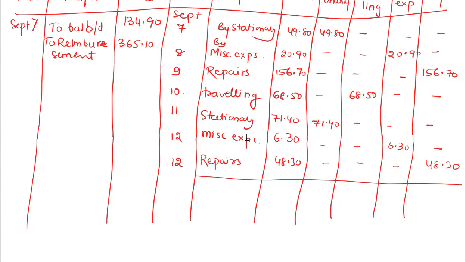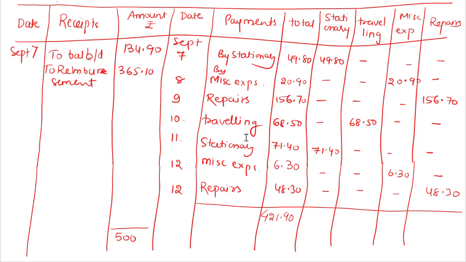This total is 500. 49.80 plus 20.90 plus 156.70 plus 68.50 plus 71.40 plus 6.30 plus 48.30, and the total is 421.90.